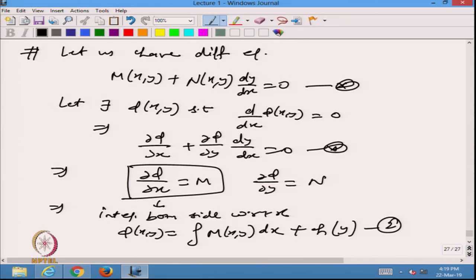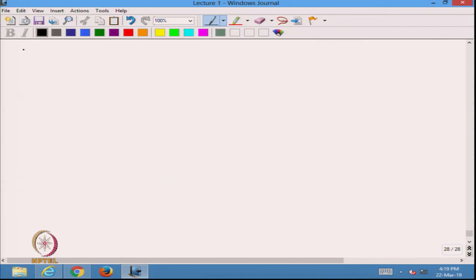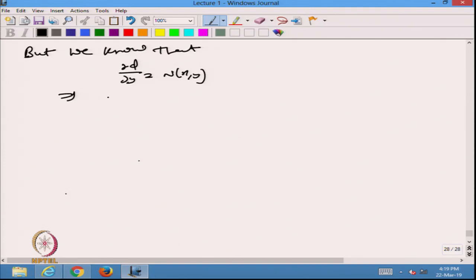But from here I know that del phi by del y is equal to N(x, y). So integrating both sides with respect to y, I can write, but this is given to me.